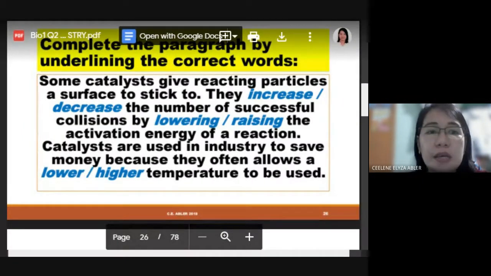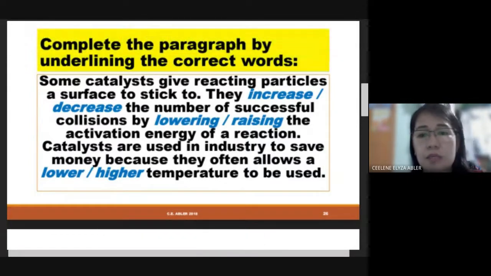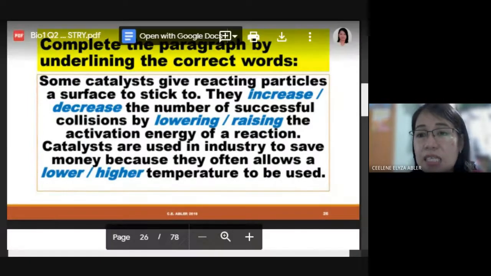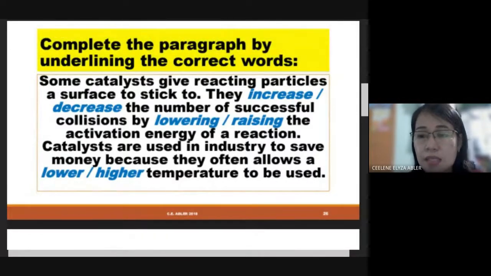So we have here, let's complete the paragraph by underlining the correct words. Okay, so you have a paragraph here, then let's identify which is the correct word to select. This is used by students who are taking up physical sciences in ABM, HUMSS, and TVL clusters. Okay, these are quizzes.